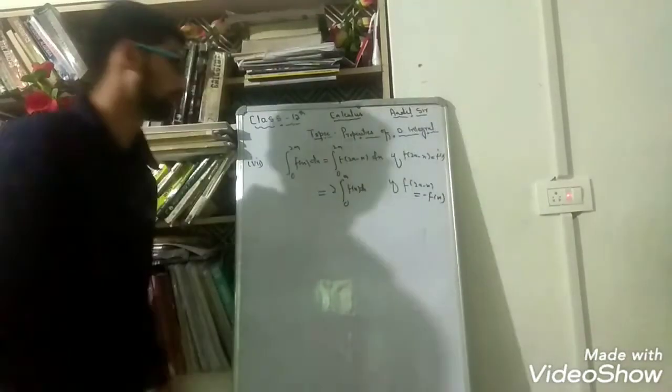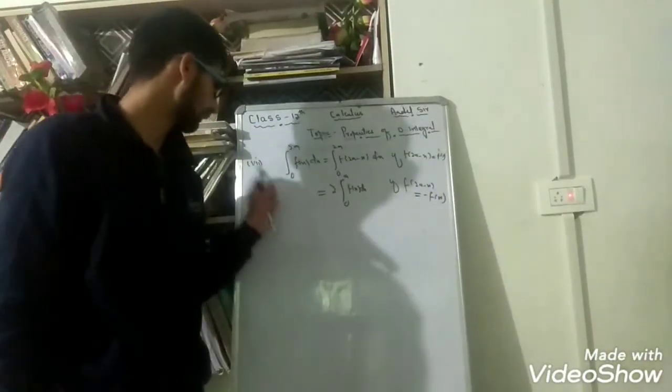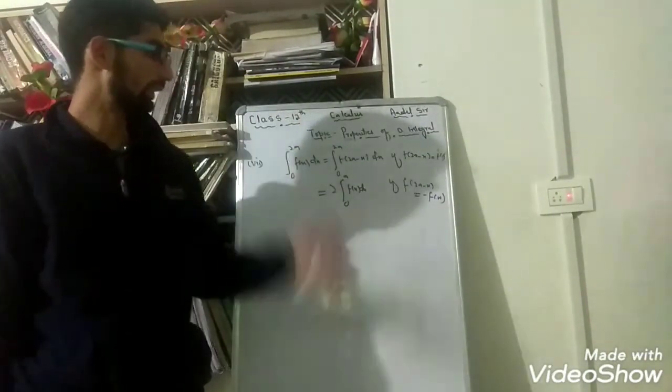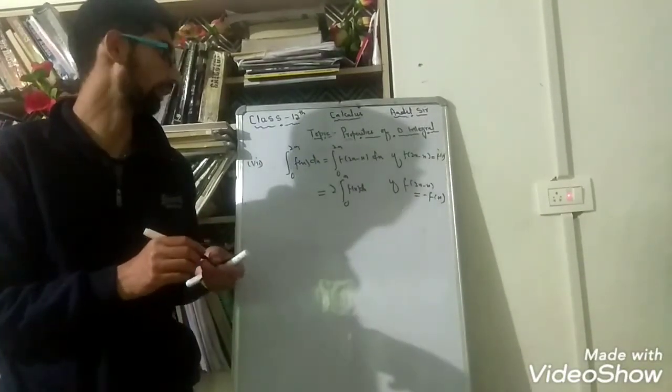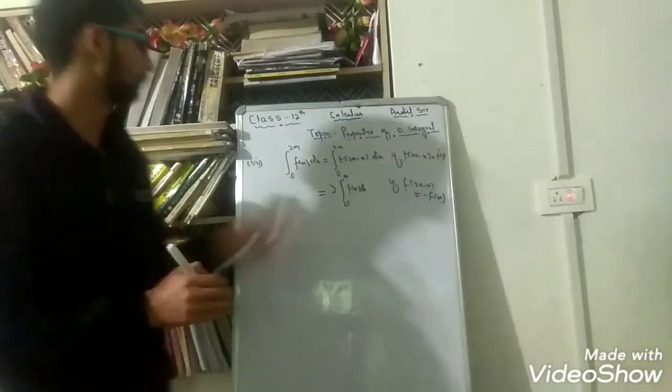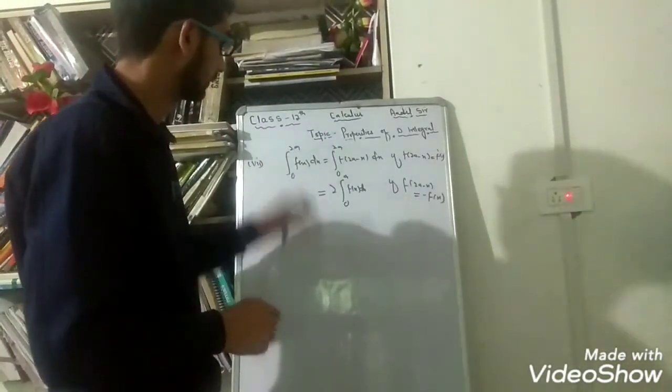The same method you have to follow here also. You first apply the sixth property, and then the property number four that we have done. So you split it first, and do the same as I have done.